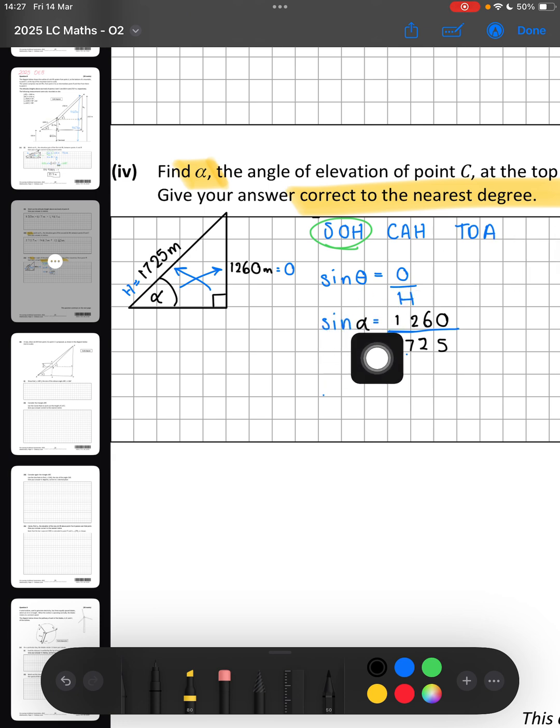Okay, now I don't want just the sine of the angle. Okay, I want the angle by itself. So to get rid of sine, I'm going to use the inverse sine for the other side. Okay, so to get the alpha on a side by itself, I'm going to do the inverse sine, sine minus 1 of the other side. So that's 1260 over 1725.